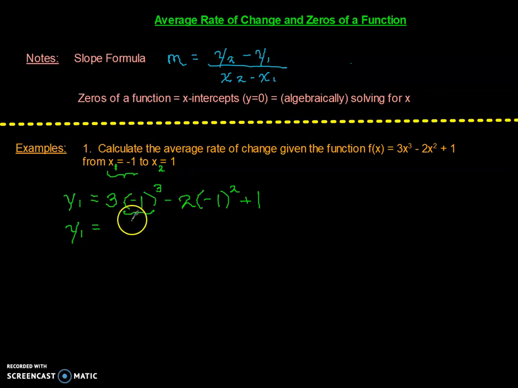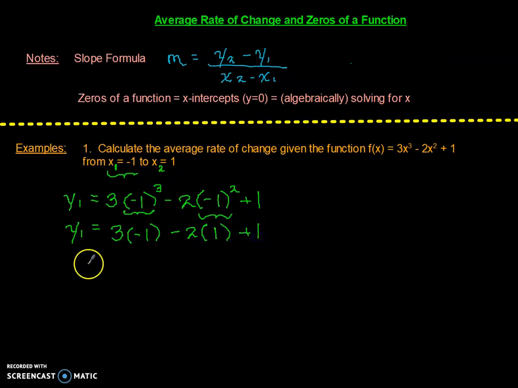Using PEMDAS, parentheses, exponents, multiply, divide, add, subtract, we go in that order. We're going to take care of the exponents first because there's nothing to do in the parentheses. So -1 to the third power means -1 times -1 times -1, which is just -1. Bring down the 3. Minus 2 times (-1) squared. Again, -1 squared is -1 times -1, which is just 1.